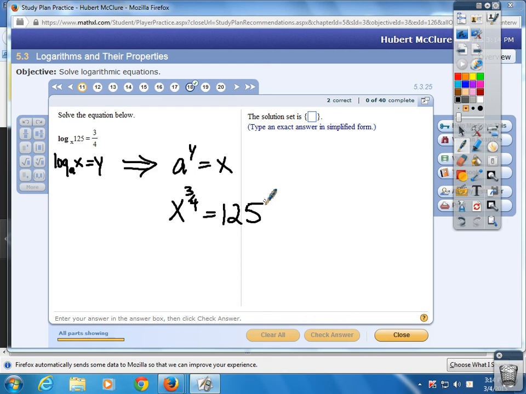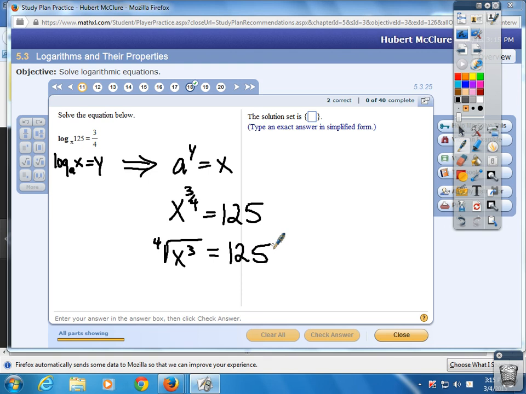Exponent over what? Index. So that's the fourth root, the fourth root of x to the third power, right? The fourth root of x to the third power is equal to 125.